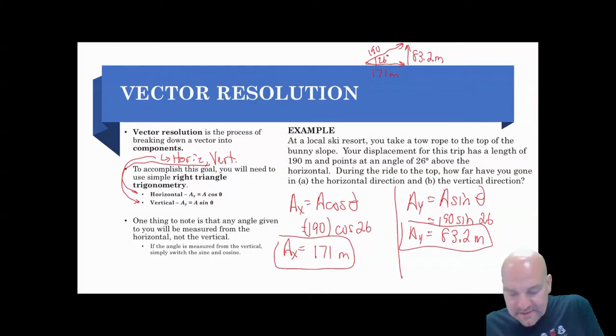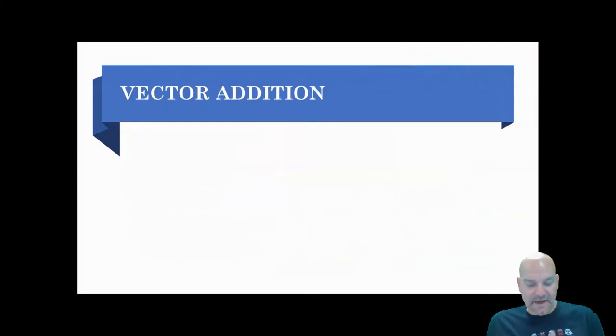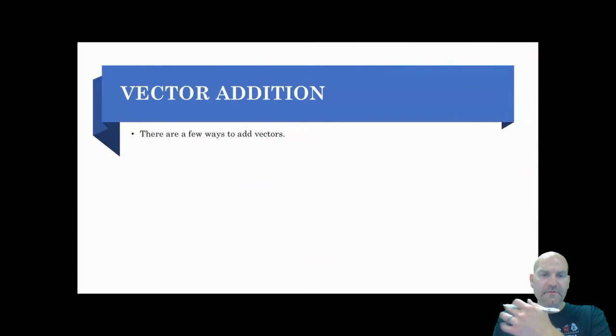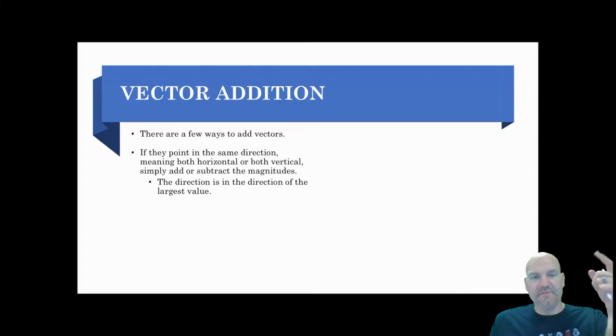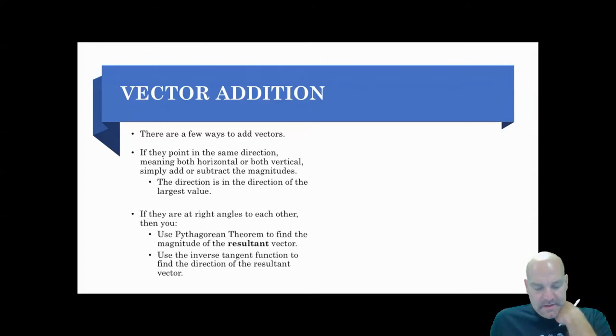Now, if I'm given these pieces, that's what we call vector addition. So let's look at that. There are a few ways to add vectors. If they point in the same direction, meaning they're both vertical or both horizontal, you simply add or subtract the magnitudes, just like adding or subtracting numbers. The direction will be in the direction of the largest value, especially if they're going opposite ways. If they're at right angles to each other, then you simply use the Pythagorean theorem.